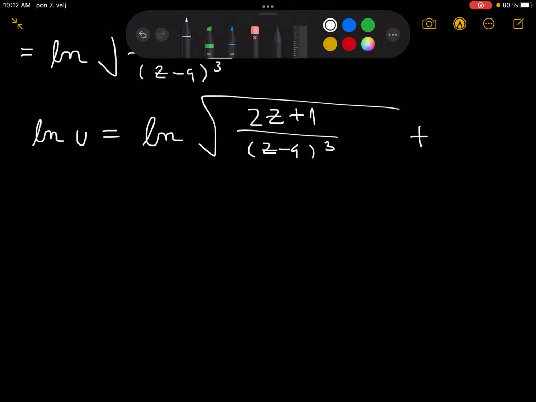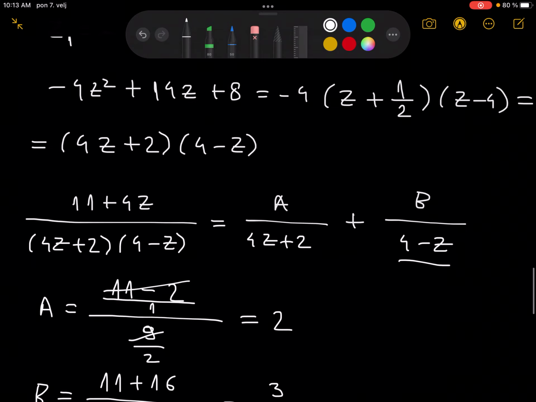And we'll put in plus ln c. So by using the properties of logarithms, we can just conclude that u is equal to some constant c times all of this. But now let's remember that we want to have everything in terms of x and y.